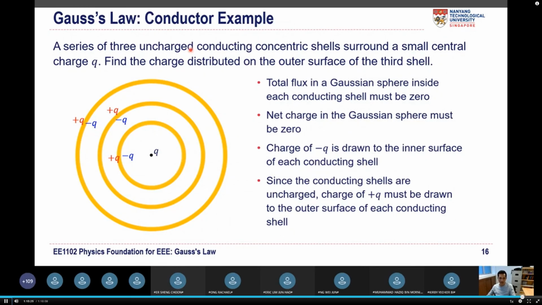That is how we can use Gauss's law to find out how much charge accumulates on each of these surfaces of the conductor. With conductors, the question will often be how much charge is drawn on the surface.